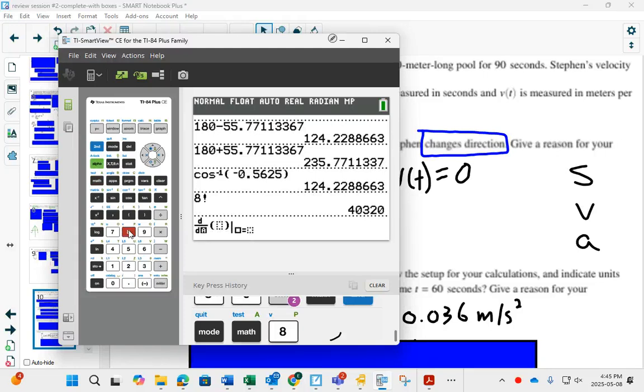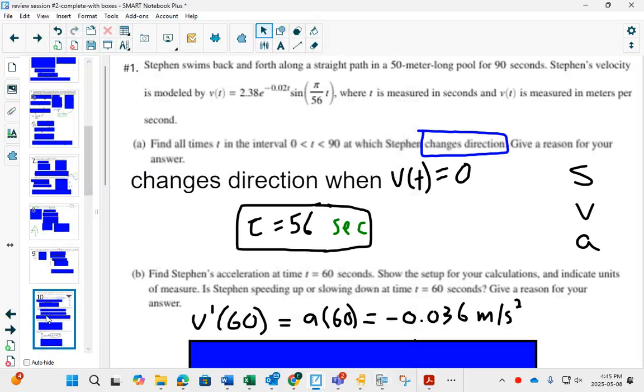We want to find d/dx, and here I can go and get y1. So there are a couple places where you can get y1 on your calculator, because if it says, going back to our question here, if it wants to find v prime of 60, I don't want to actually do that derivative by hand. If you have a calculator question, that's a product rule and some chain rule involved.